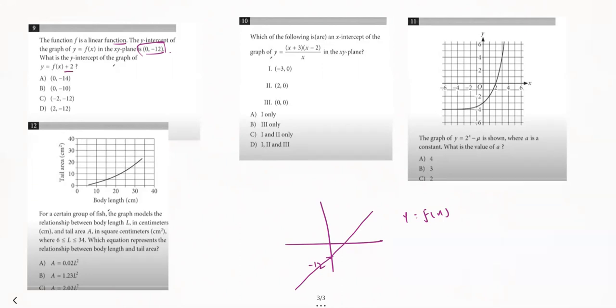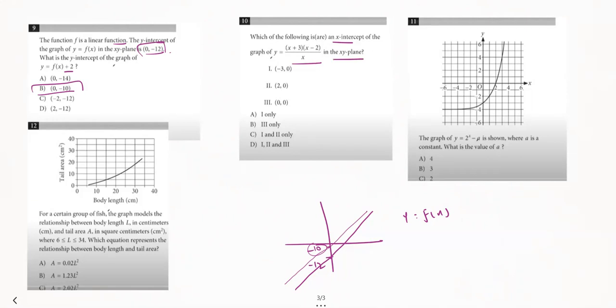So if I add plus 2, it would be passing through 2 points upper, and that would be minus 12 plus 2, I would be getting minus 10. So my y-intercept would be (0, minus 10). Clear?